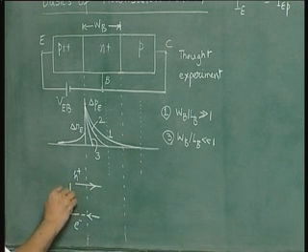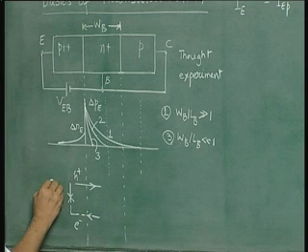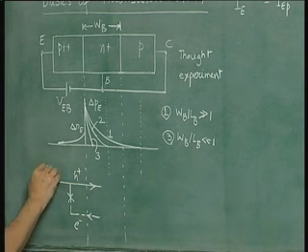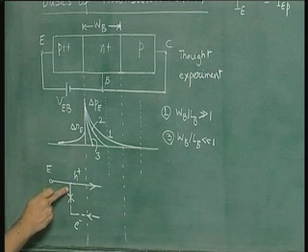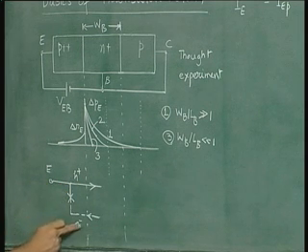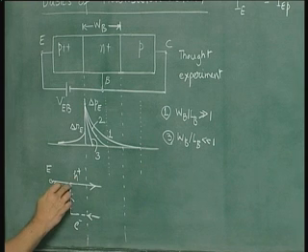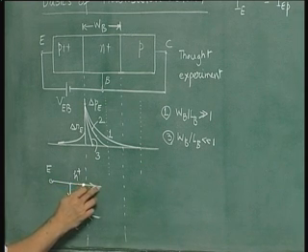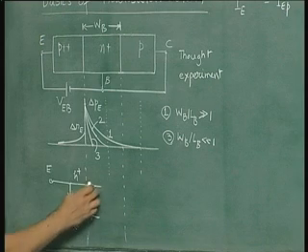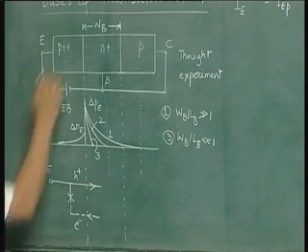So these recombine with holes which are supplied from this contact. This is the emitter contact. So the emitter contact provides for holes which recombine with the electrons which are injected, and it also provides for holes which are injected into the base or the n plus region here.